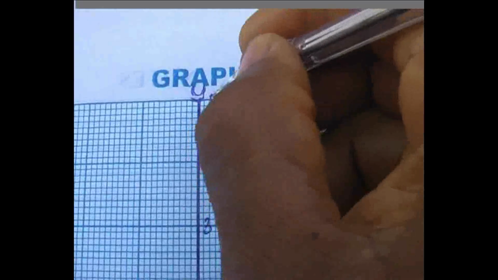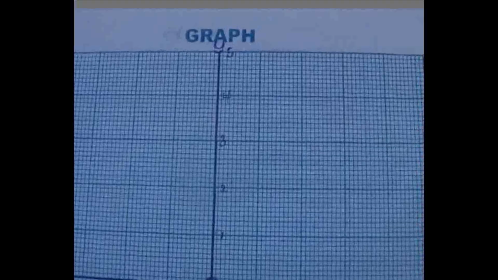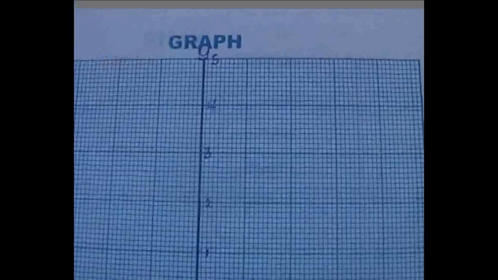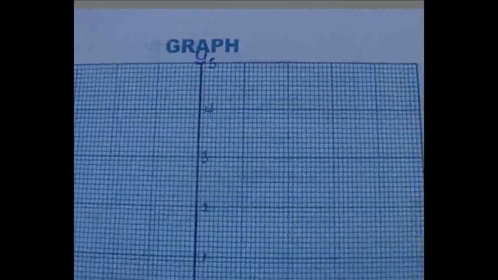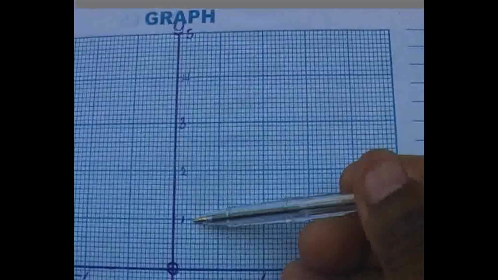Next one will be 3. Next one will be 4. Then the last one will be 5. So you have the positive side of the y-axis calibrated 1, 2, 3, 4, 5. Each 2 cm represents 1 unit.